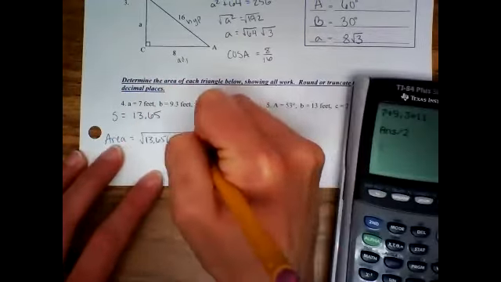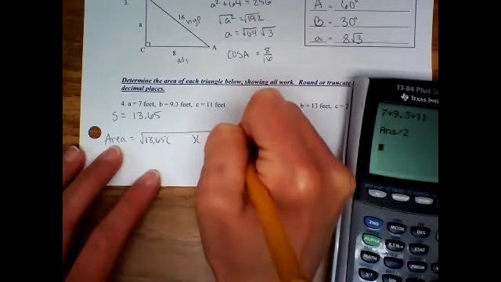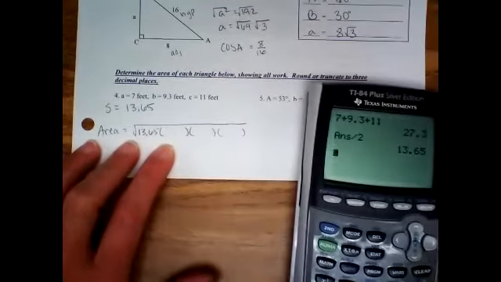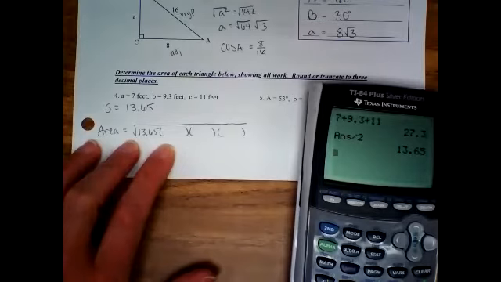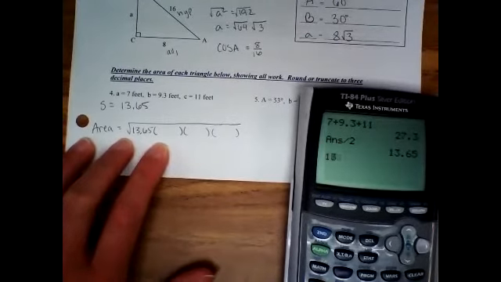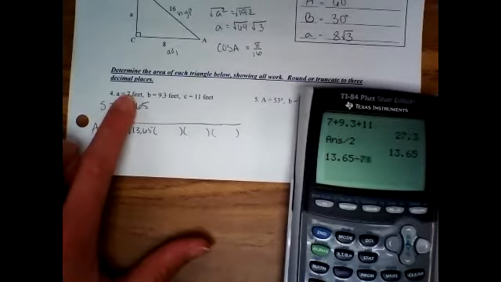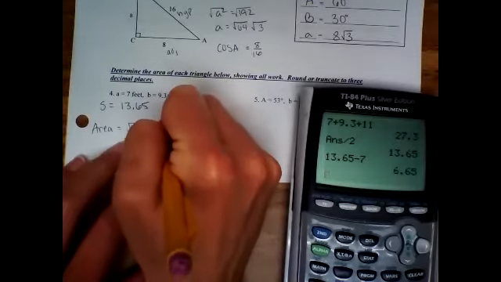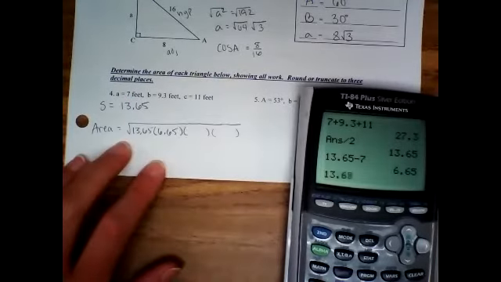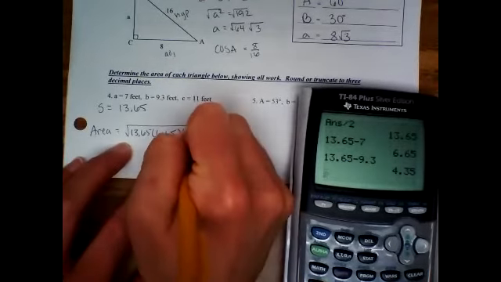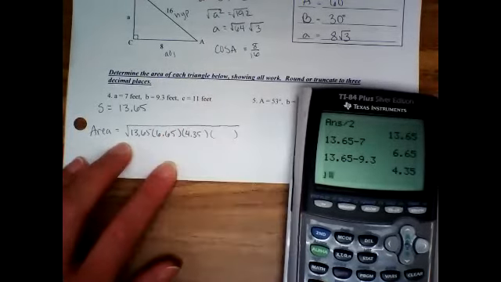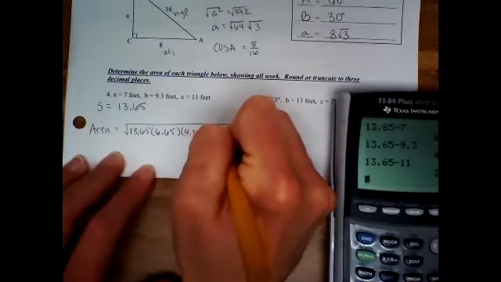Then what I'll usually do is draw 3 more blanks. It's going to be 13.65 minus each of those other sides. So we're going to do 13.65 minus 7. So 6.65. And then subtract 9.3, you get 4.35. And subtract 11, I got 2.65.